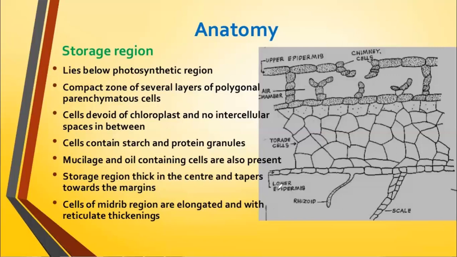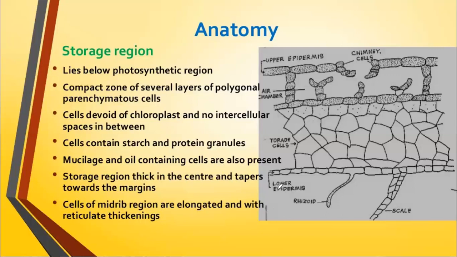The starch and proteins are also stored, and the food stored is in the form of oils and mucilage. So, any cells which store oils or mucilage are called oil cells and mucilage cells. And these cells, since they store the food substances, become thicker at the center and thinner at the surface. This is about the internal anatomy of the Marchantia.